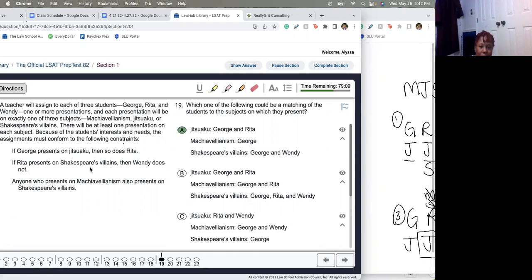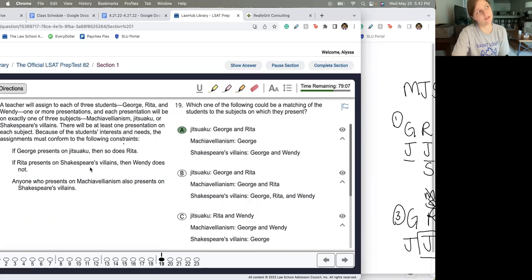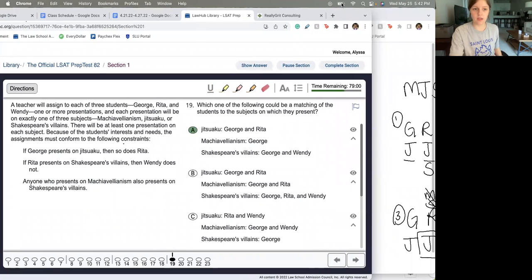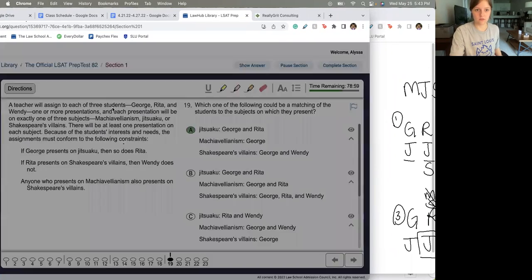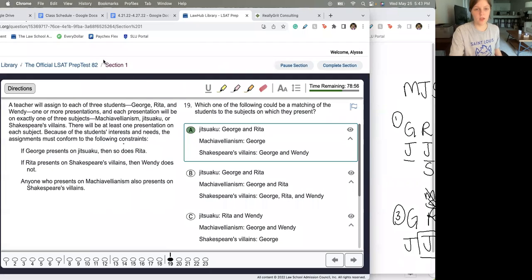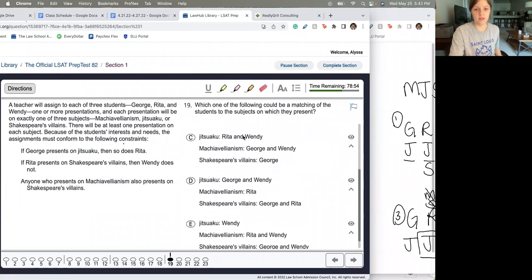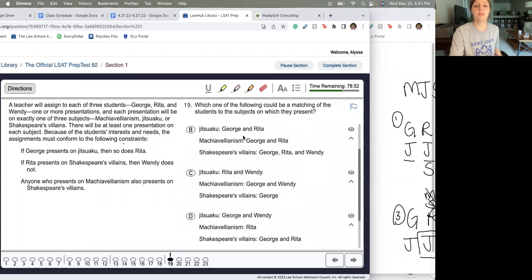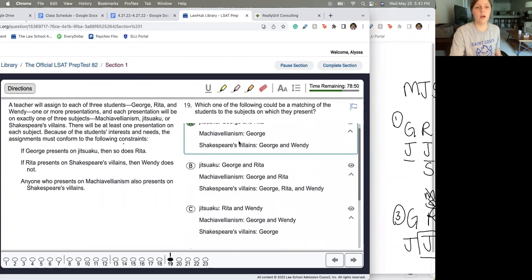I do as well. Does anyone like a different answer choice? Okay. So A is going to be our answer. And we'll go through B, C, D, and E, why they're wrong. And then we can look at A and why that's correct.